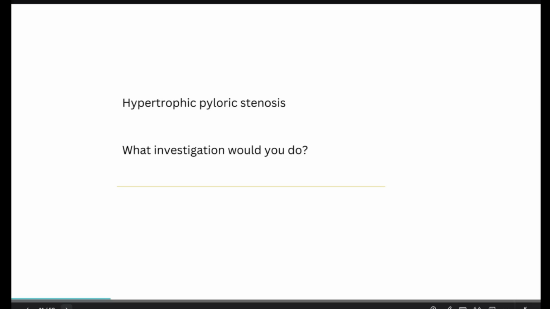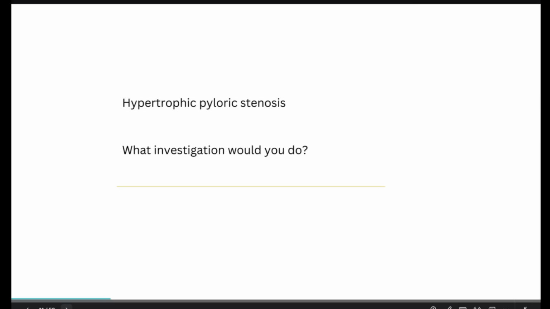If anyone has any idea what the gold standard imaging is? Some ideas are coming in.